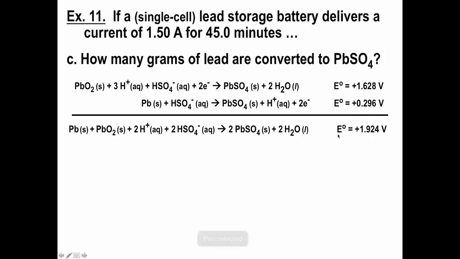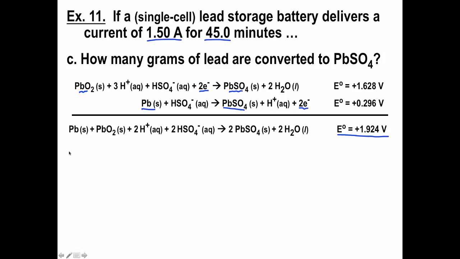It's going to be useful to know the overall cell potential or voltage, the amount of current, how long it ran. Notice here is the lead being converted into lead sulfate. Of course, lead oxide is also converted to lead sulfate, but that's not what we're being asked about. And it's also going to be useful to remember that 2 moles of electrons are being transferred in the process.